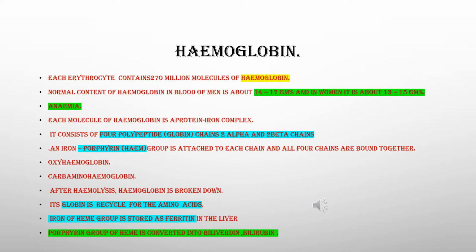In a hemoglobin there are four globin chains: two alpha globin chains and two beta globin chains, and an iron-containing heme group with a porphyrin ring is attached to each globin chain. This means that in one hemoglobin molecule we have four globin chains and four iron-containing heme groups, and one heme group of hemoglobin can carry one molecule of oxygen to form oxyhemoglobin.